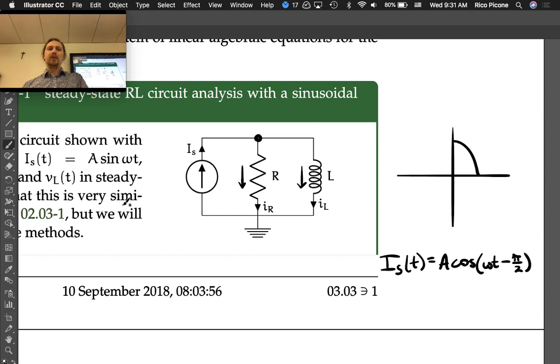If we went to positive pi over 2, we should get 1 out of the sine. So we get pi over 2 minus pi over 2, and we get cosine of 0, which is 1. So we're good. It's minus pi over 2 that was the phase.